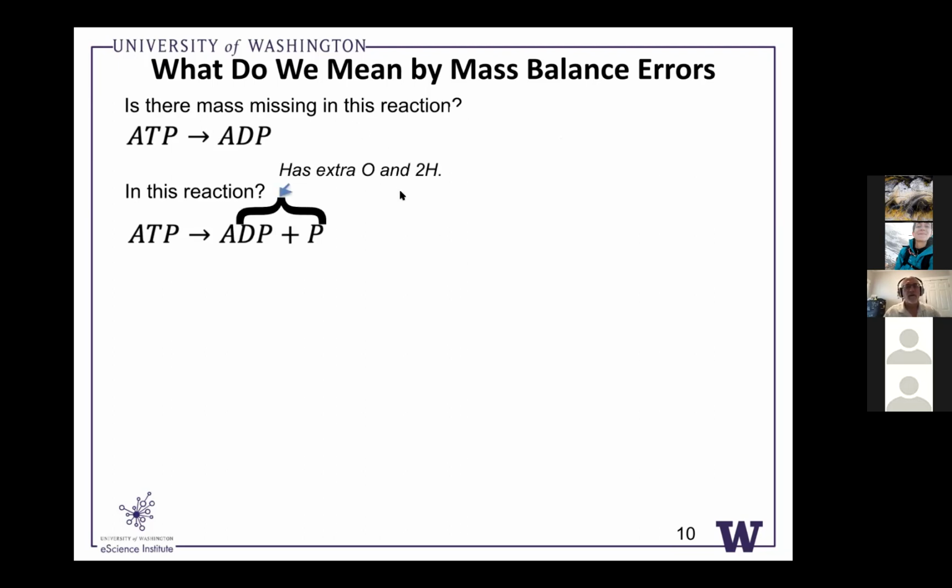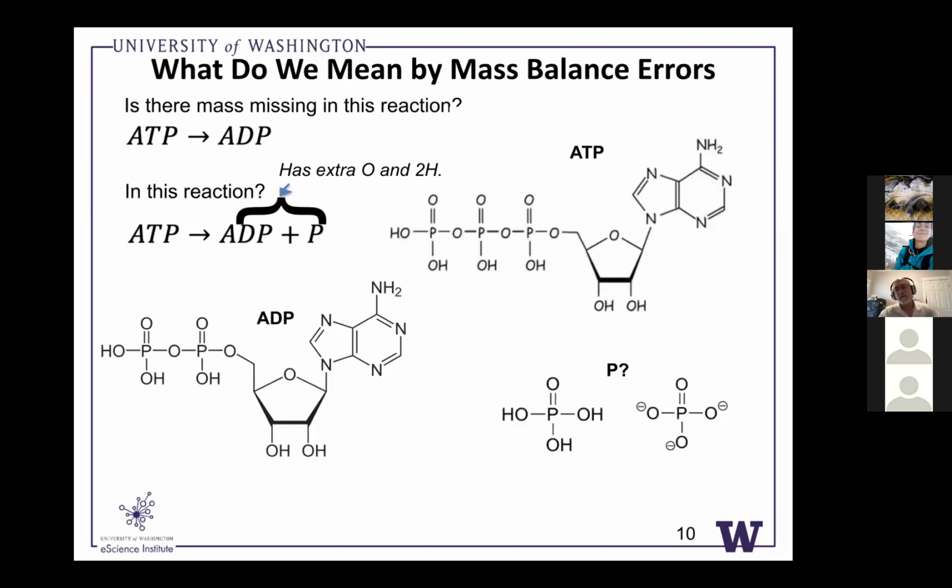Well, this is interesting. The issue is that if you look at the details of the chemical structures, once you break the bonds between the beta and gamma inorganic phosphates, you're going to end up with some extra atoms in there, some hydrogens and some oxygens. And also there are some technical questions about the chemical environment, about where you do or don't have protons attached to the inorganic phosphates.